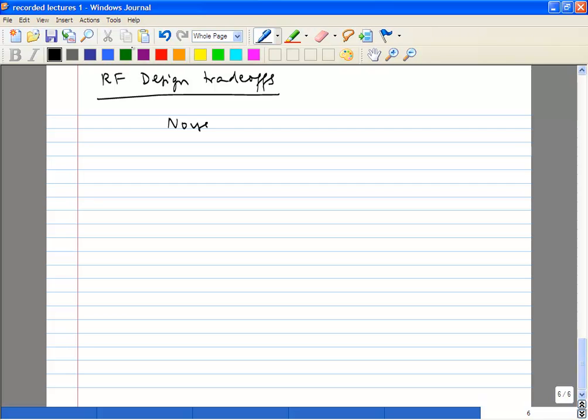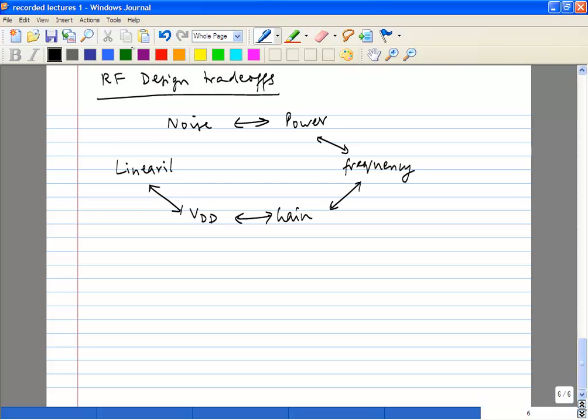You have noise, you have power, you have frequency, gain, your supply voltage, let's call it VDD, but all of these are two-way arrows. Then you have linearity. So you have a design hexagon. So each one of these can be traded off with one or more of the others in a specific way.